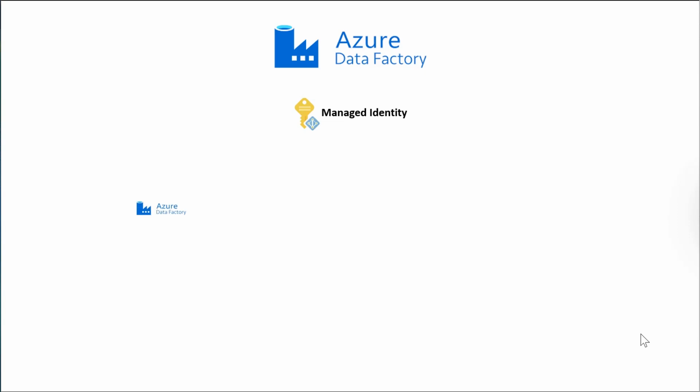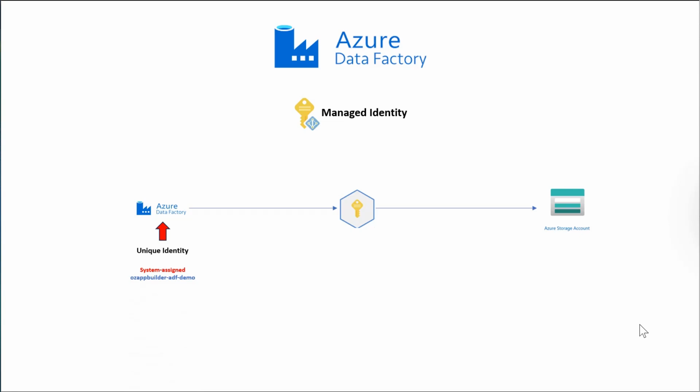In our case, we've got our Azure Data Factory, and we want to access a storage account securely. The way managed identity handles this is that we can assign a unique identity to our ADF, and that unique identity is called managed identity. We have two types of managed identity: system assigned and user assigned.